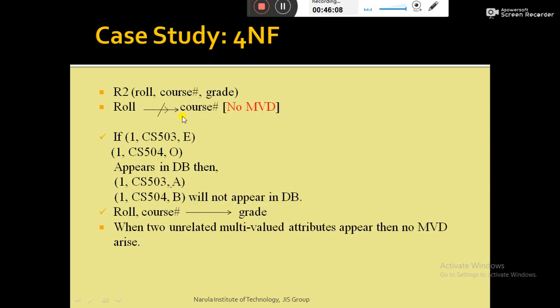Now consider another example. Suppose the relation is R2, with roll, course number and grade. A particular student may enroll in multiple courses.